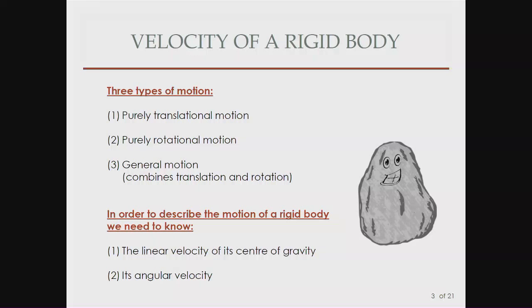So let's say if this is a point of interest here at the center, and I want to define the motion of this body, in one example, this body can be doing this, and this point is not having any linear velocity.